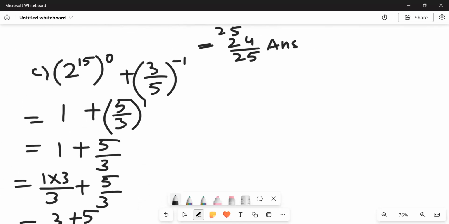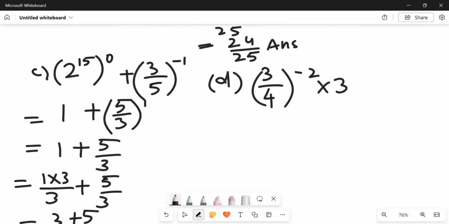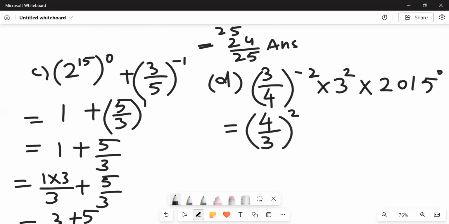Yes. Okay. Now D part is 3 over 4 whole power minus 2, 3 power 2 multiplied by 2 power 0, 1 5 0. Here I can switch the fraction and make the power positive.